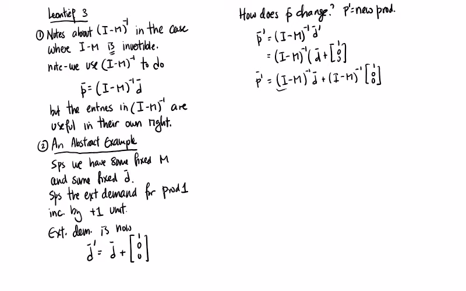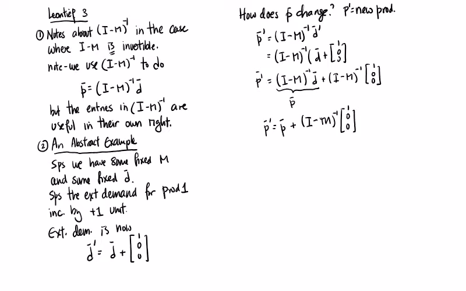And this one here, of course, was the old P. So this is telling us that new production is the old production plus this. So this is how production changes.